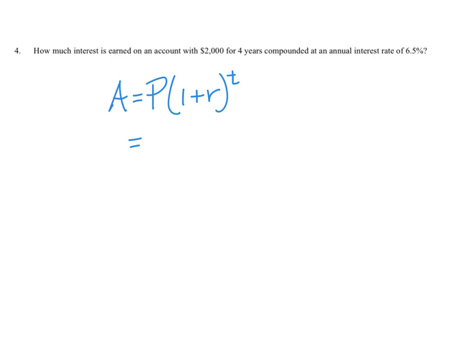So we have 2,000, we have 1 plus the interest changed to decimal, and we have an exponent of 4.